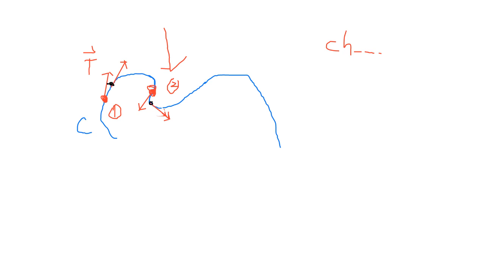So if we were to think about how the tangent vectors are changing with respect to time, relative to how the arc length is changing with respect to time, because for both points 1 and 2, the arc distance is the same.